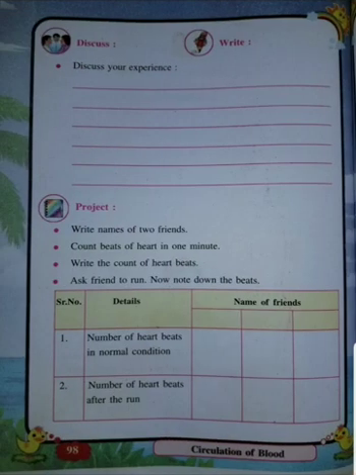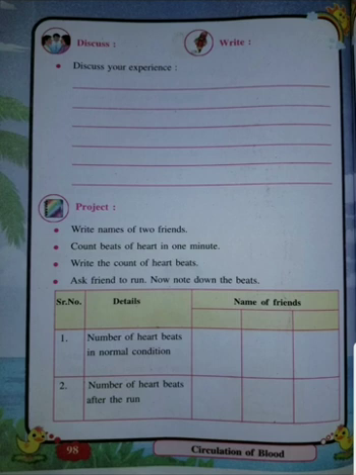Again one more activity is there here. Discuss your experience. In the workbook I'll be giving you the notes, children, that when you hear the heartbeat of your friend, what you will experience, I'll give the answer in your notebook. So in a normal human being the heart beats 70 to 75 times per minute.